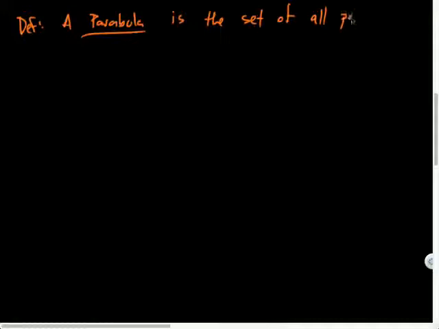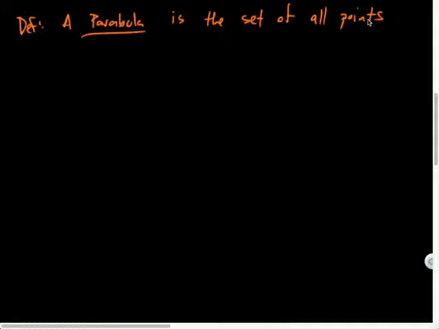So let's talk about the definition of a parabola. A parabola is the set of all points. You're probably thinking this sounds familiar, we've done this with our other conic sections.